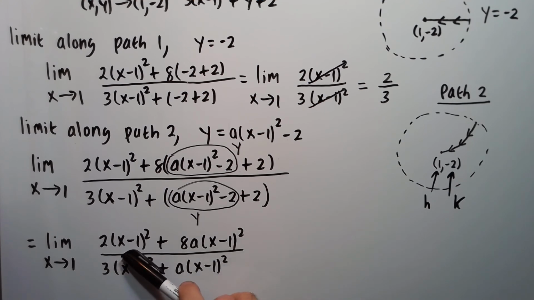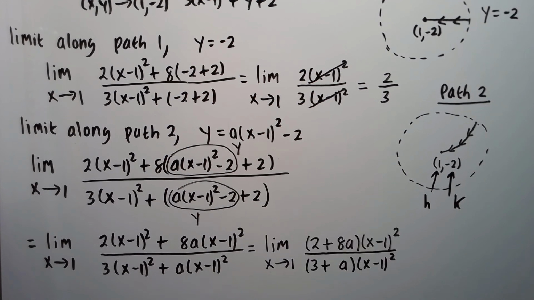Let's factor the (x − 1)² out of the top and bottom. Then we can cross off the (x − 1)². So our answer will become (2 + 8a) over (3 + a).